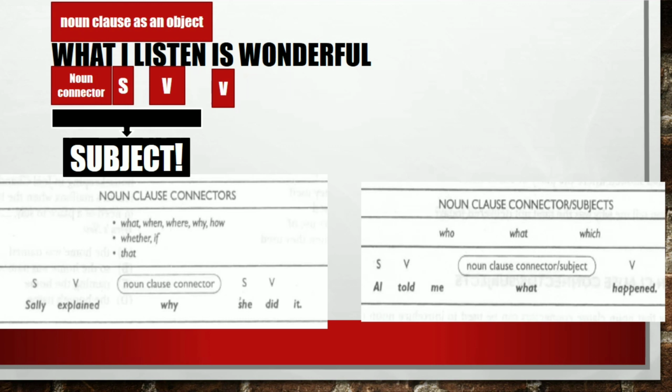They are the other examples of noun connectors. Again, if you find sebuah noun connector, entah itu what, when, atau yang lainnya, diikuti oleh subjek dan verb, atau langsung verbnya aja, dan berada di posisi subjek kalimat, coba analisa lebih dalam. Maybe that's a noun clause.